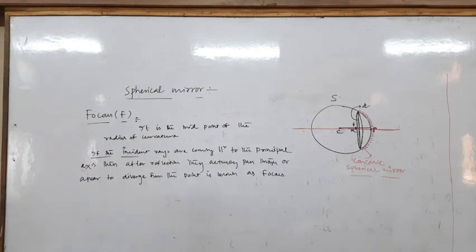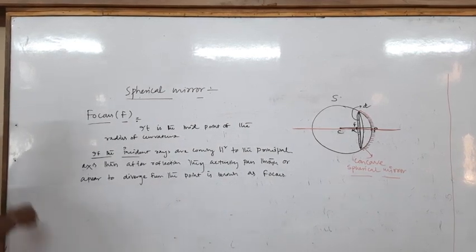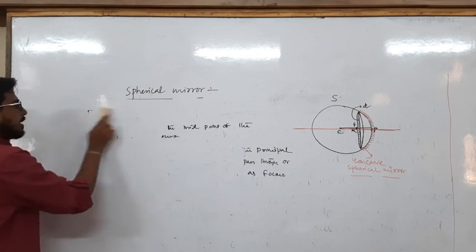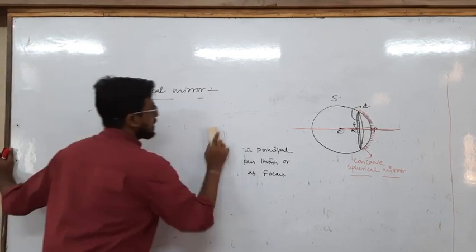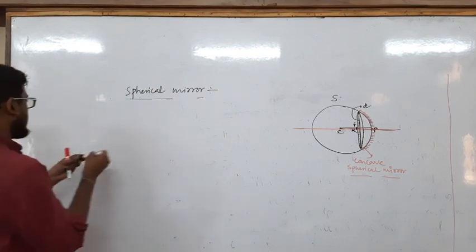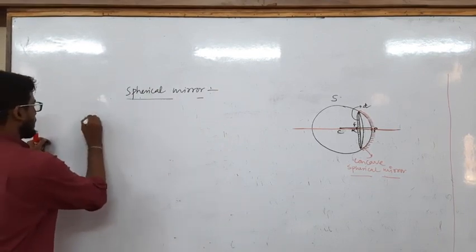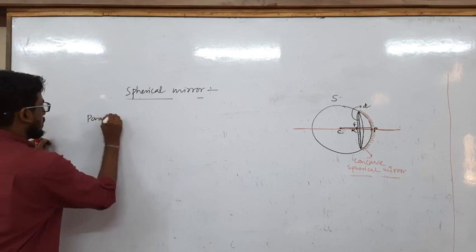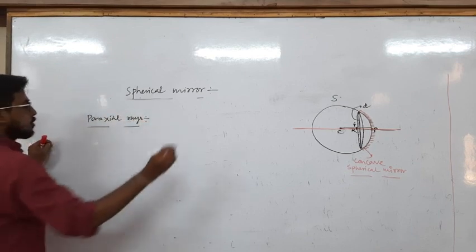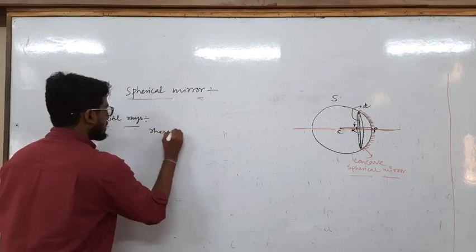So next, all these terms that we are studying here are only valid for what? Paraxial rays. So here we have to study what are paraxial rays. So these are the incident rays.